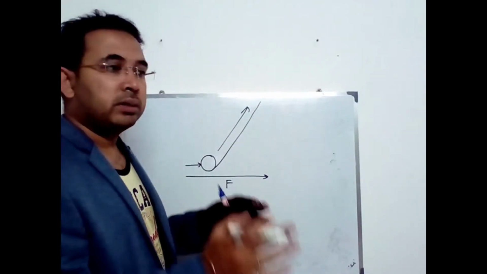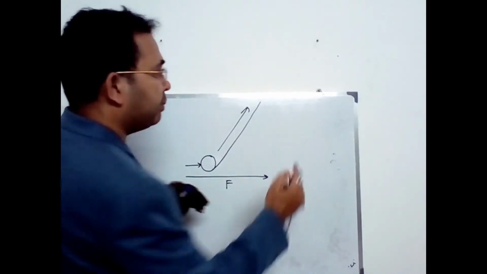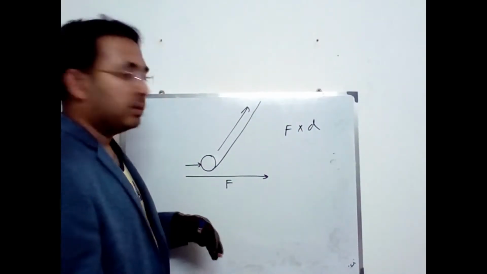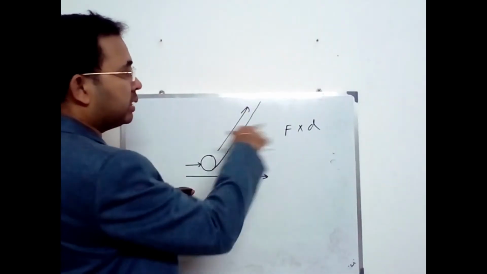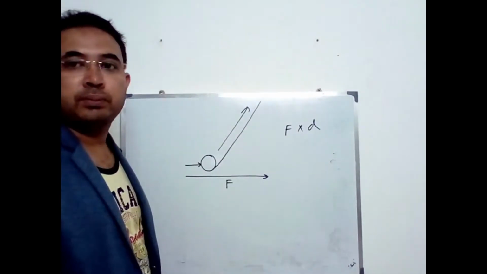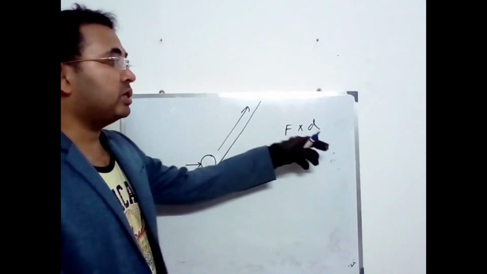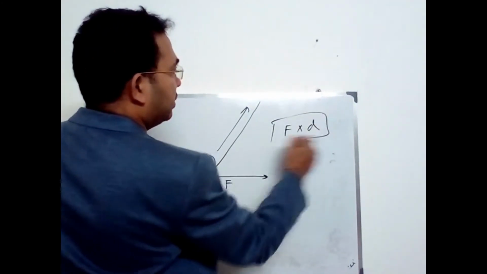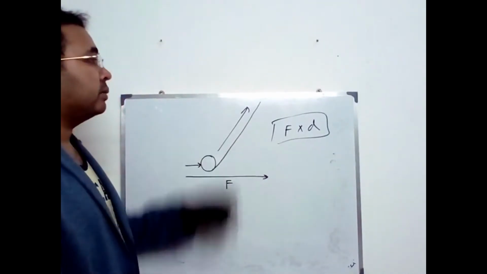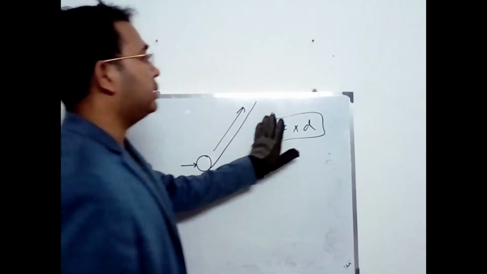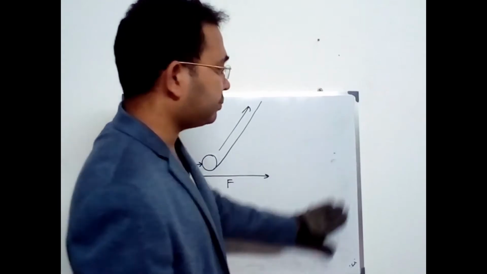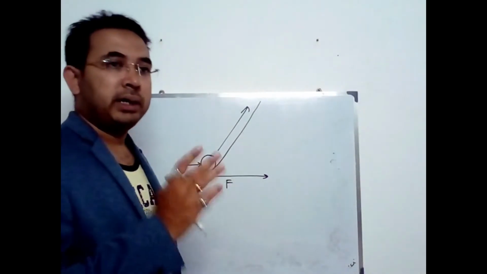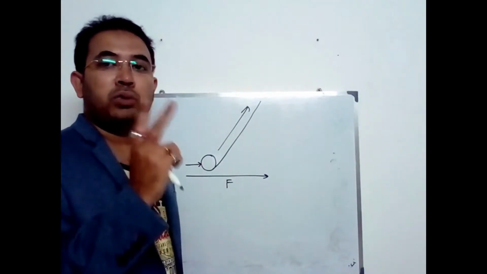As we know, work done can be measured by force into displacement along the direction of force. This is the definition. But here the displacement is not along the direction of force. So under these circumstances, we can identify work done in two ways.